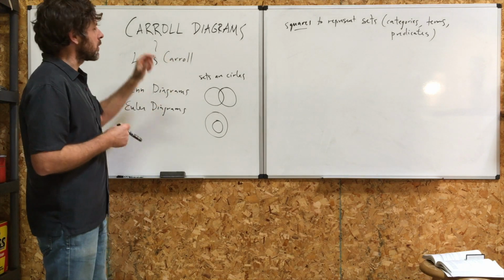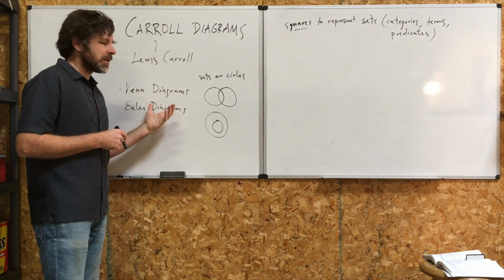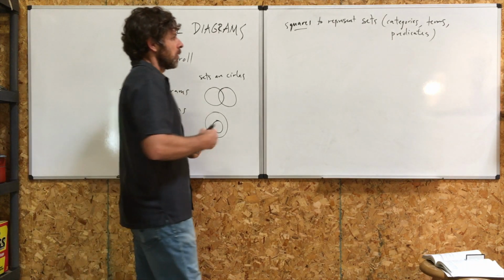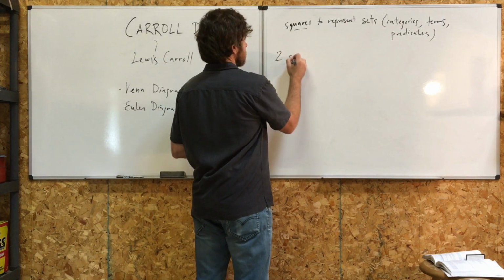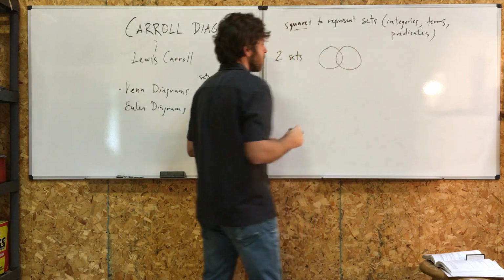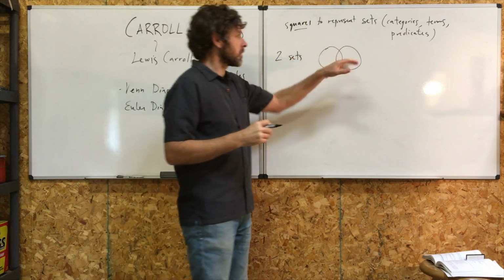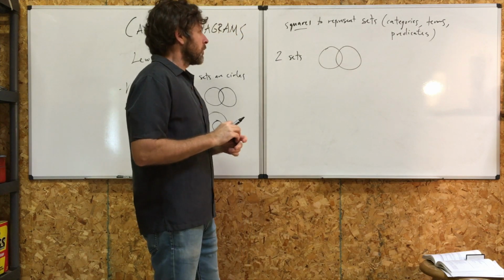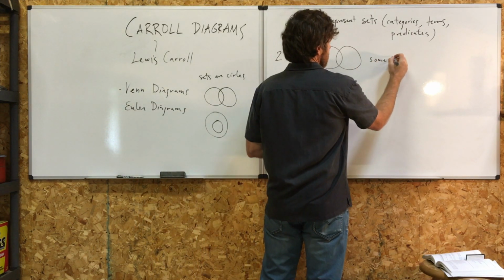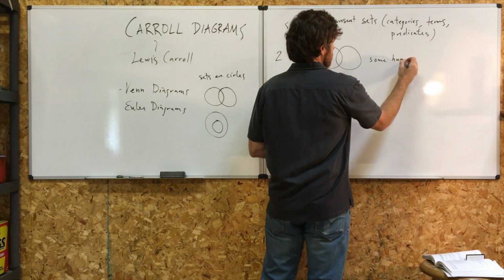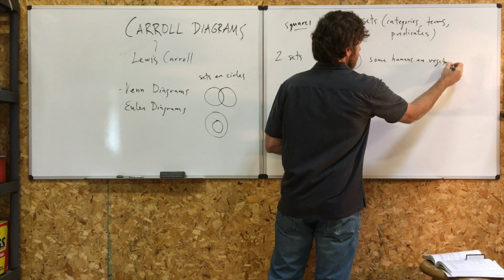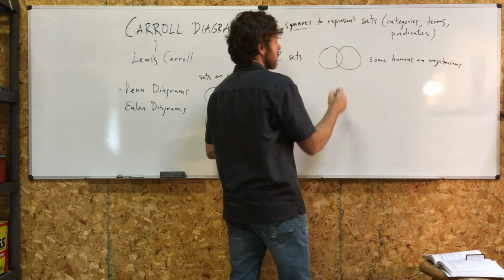One main reason why we're going to use Carroll diagrams rather than Venn diagrams. Venn diagrams work really well when you're talking about two sets. So if you have two sets, you'd represent it this way, okay, with two circles. So if you wanted to say that some, let's say, humans are vegetarians, then you'd write something like this.